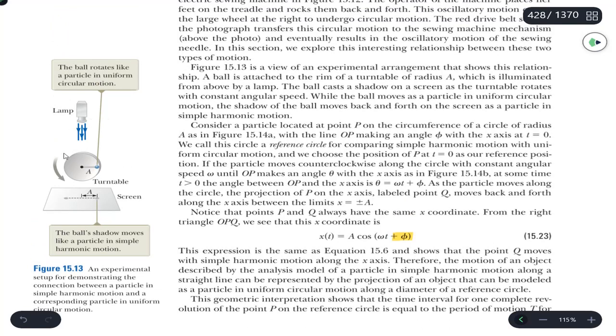So here is a scenario where a vertical turntable rotates, and at the edge, near the circumference, we attach a small ball. The aim of putting the ball here is because we are going to shine a lamp light from above, from the top, and there will be a shadow cast on the screen.